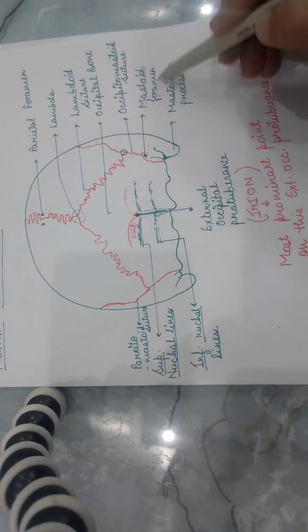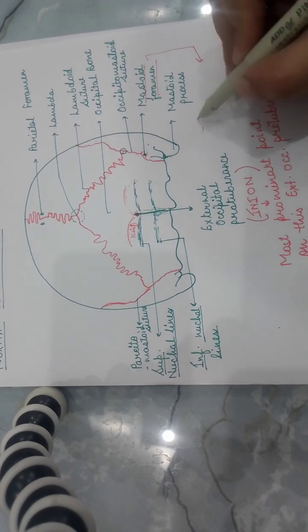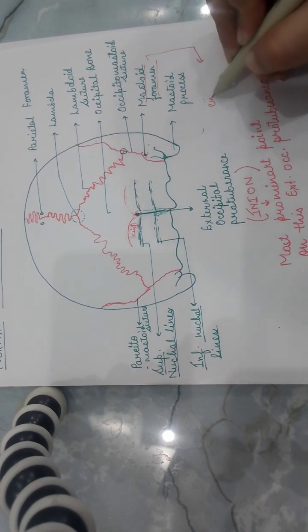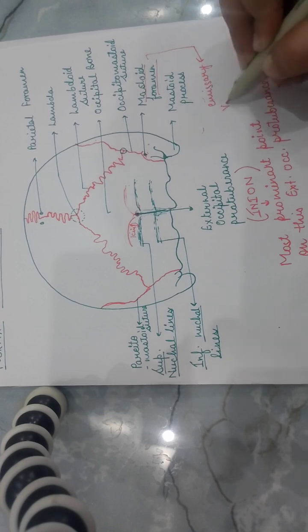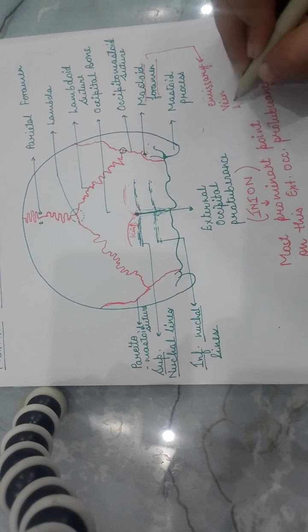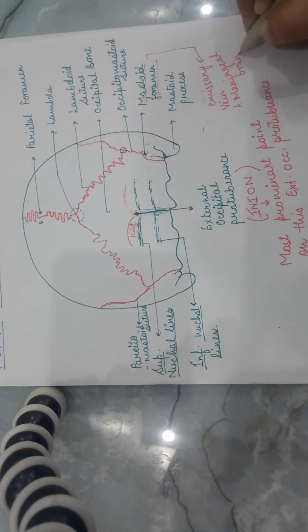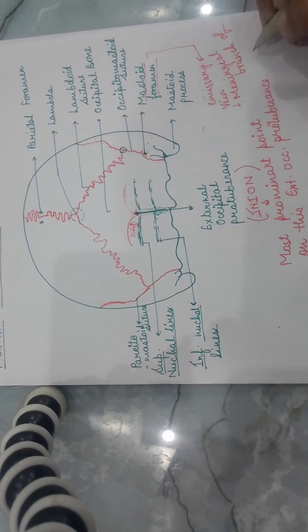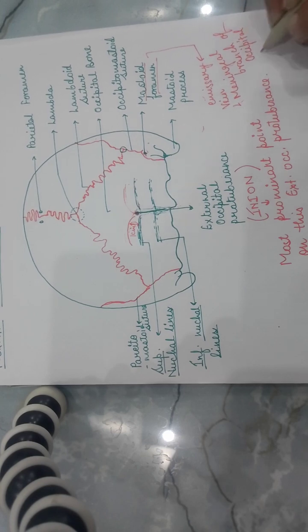This mastoid foramen transmits emissary vein and meningeal branch of occipital artery.